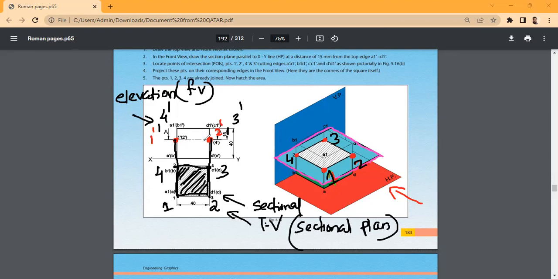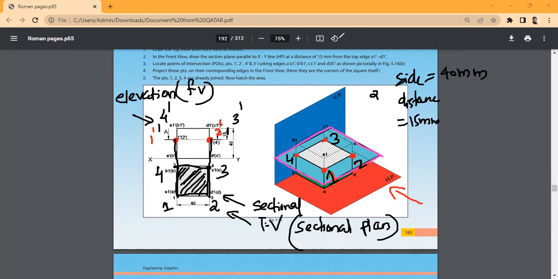Mark all the dimensions. So here, how many dimensions? Only 2, right? The side and the distance. Dimension means the values given in the question. So the side is 40 mm and the distance is 15 mm.